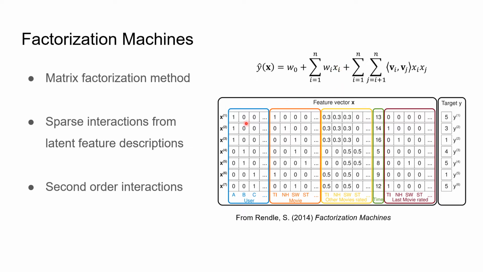So this could both be whether it's for a single user, for a single item, or maybe some more descriptive features. And then lastly, the latent interaction term here, where we have some interaction features V and the second order interactions between x1 and x2.